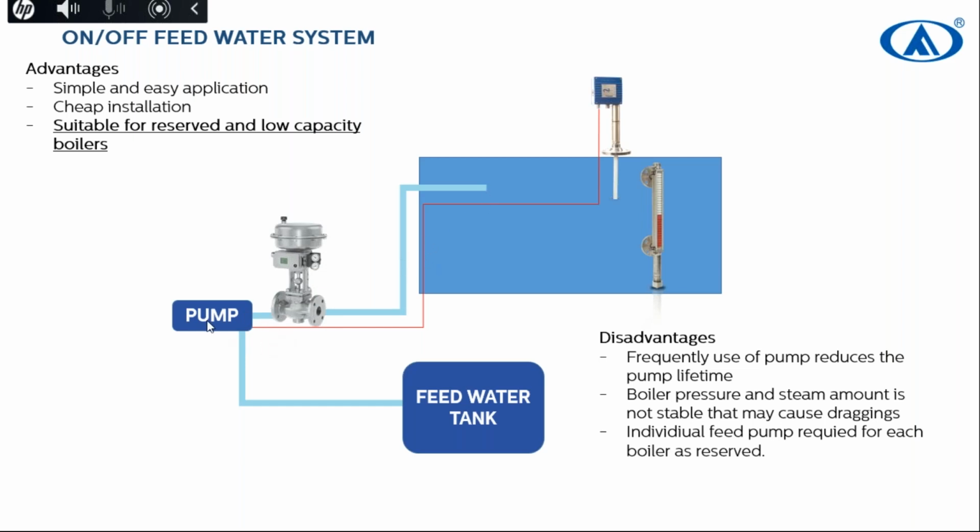And it will reduce the pump's lifetime, and boiler pressure and steam amount are not suitable. That may cause carryover, as I told you. An individual feed pump is required for each boiler as reserve. It means you will need a second pump to make it reserved.